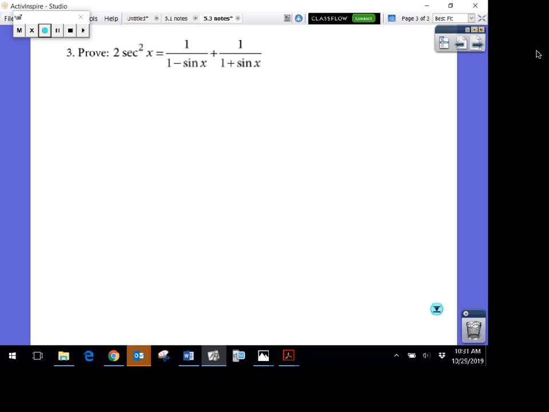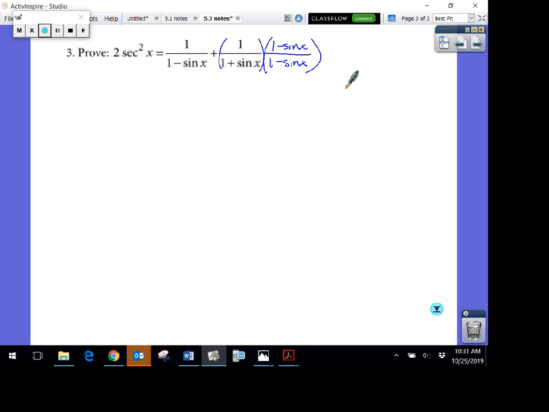I have two fractions. In order to add fractions, I need a common denominator. This one's 1 plus sine x, that one's 1 minus sine x, 1 plus sine x. So this side needs a 1 minus sine x over 1 minus sine x. That's my clever one.